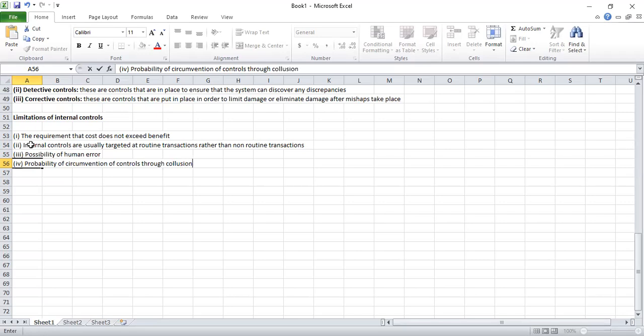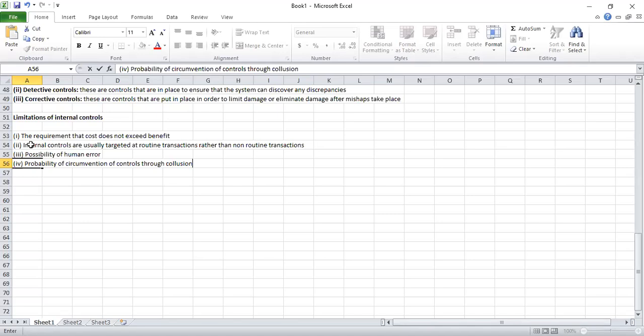We might go as far as segregating duties. We say, okay, the one who receives the goods at the stores should be with security. Security should check the goods, and also our receiver should check the goods. Then the receiver, when he goes to stores, should check the goods and so on.